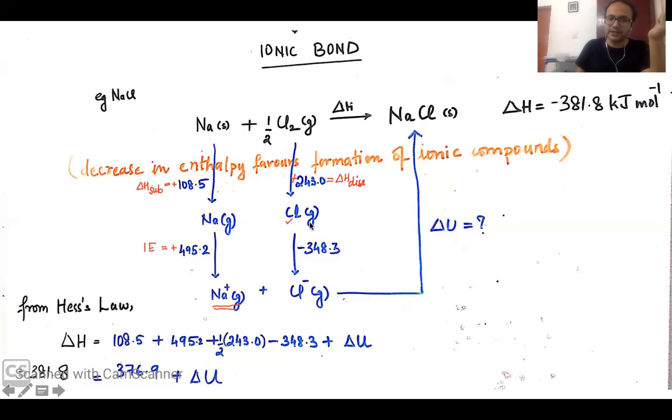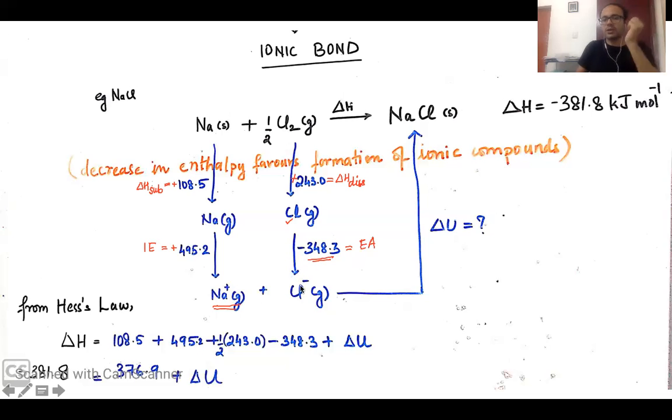to form the chlorine gas. Now, the next step is you make the chlorine accept an electron. Chlorine easily accepts the electron, and therefore this process is called the electron affinity. This value is highly negative, which is minus 348.3.